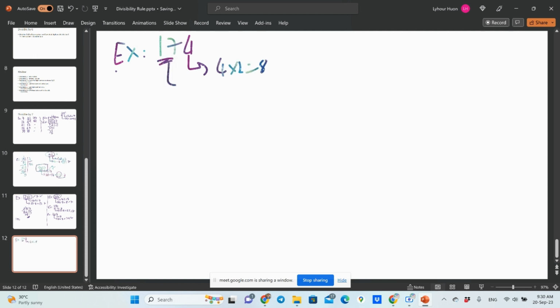The rest will be 17 minus 8, which is 9. Still, it's not divisible by 7. Oh my god! Why is it so hard to find?